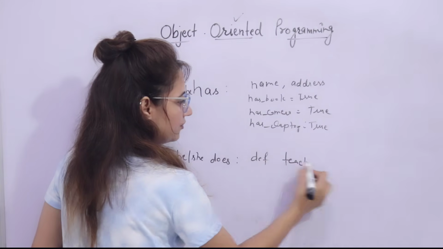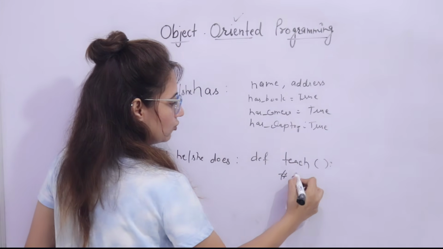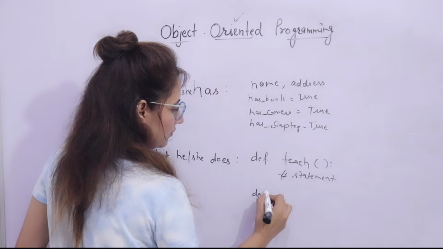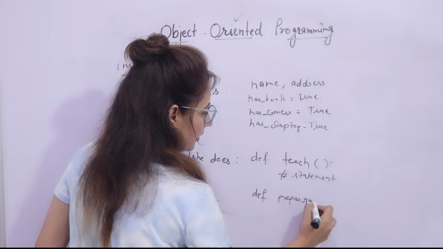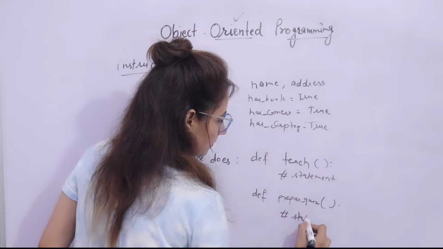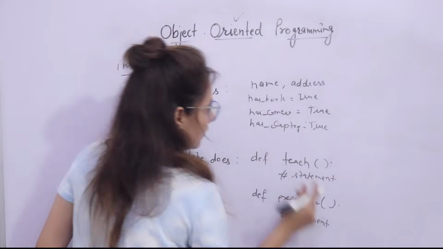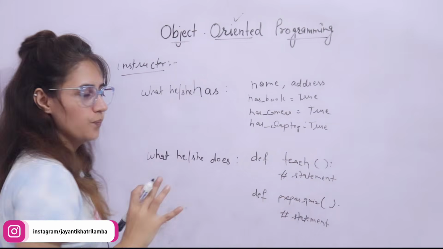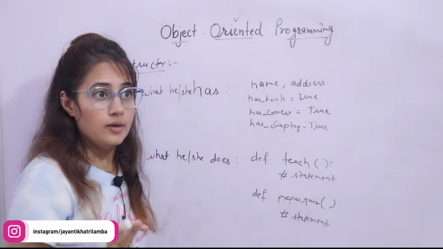So we can say def teach, we can define a function, and here you can write down some statements. And maybe another function, def, it will also prepare quiz, so that is another thing. So this is what it is having, and this is what it will do, right?